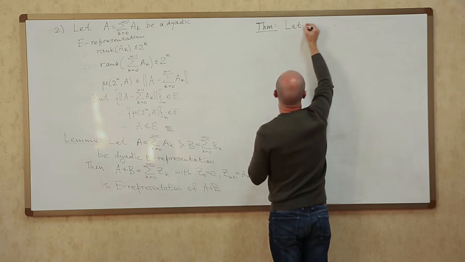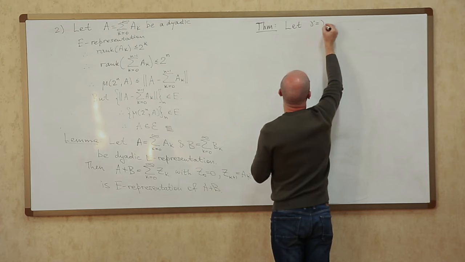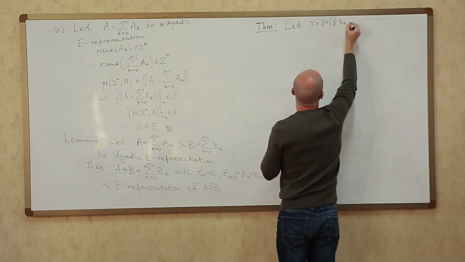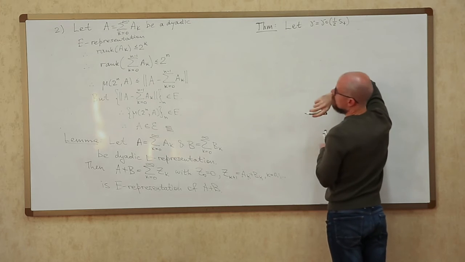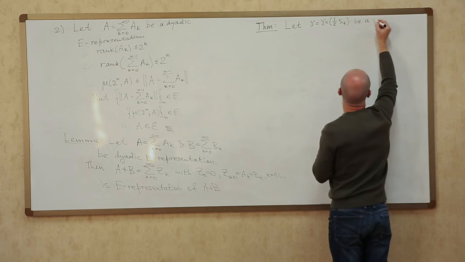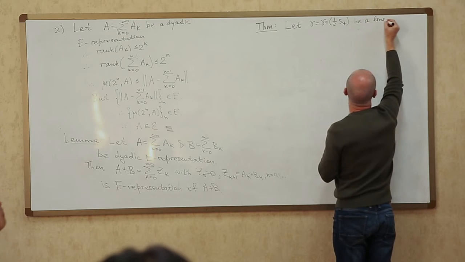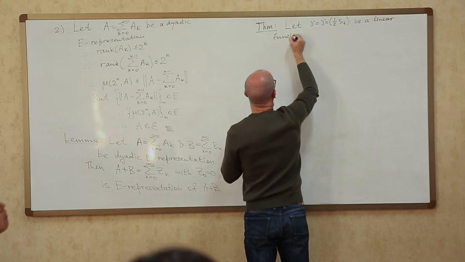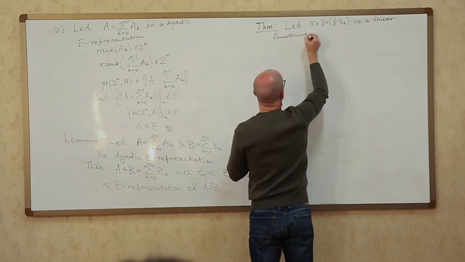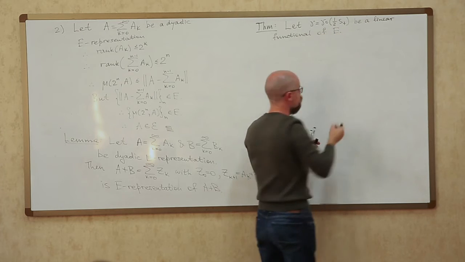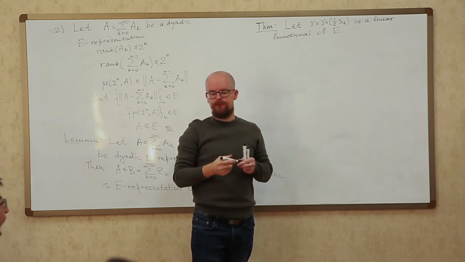Let gamma be an S plus invariant linear functional on the shift monotone sequence ideal.